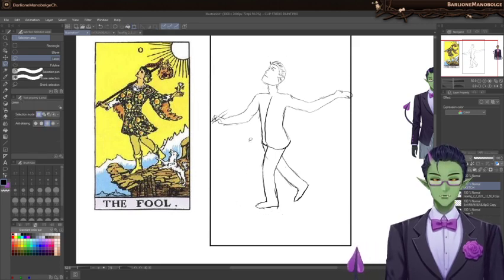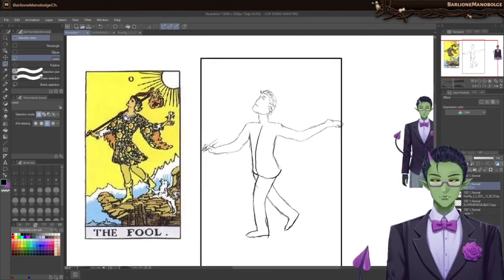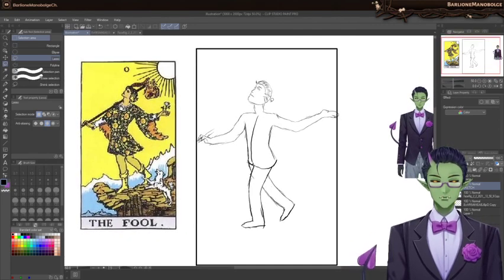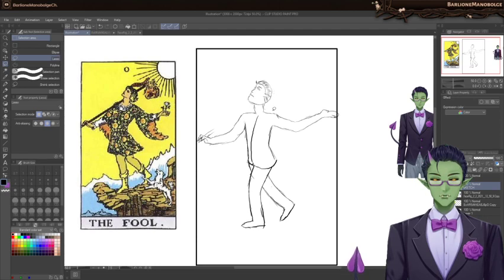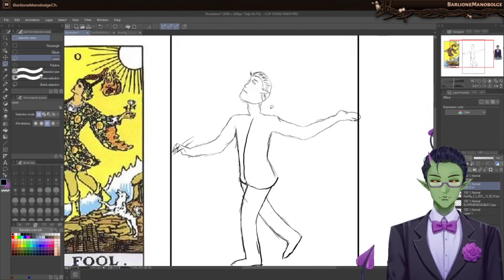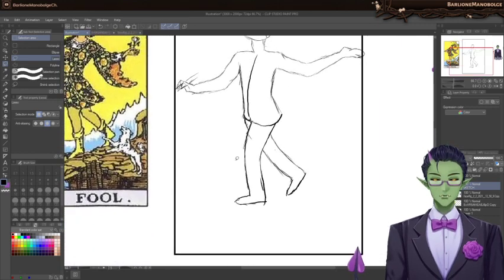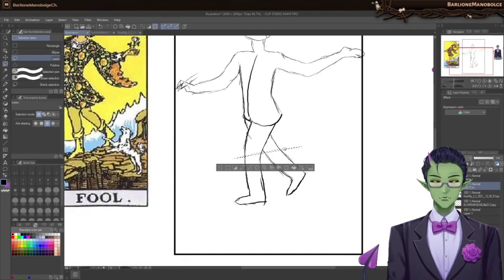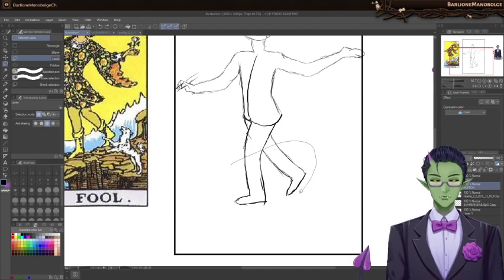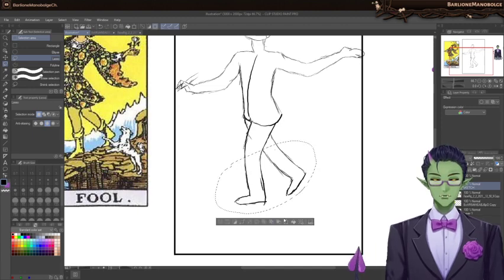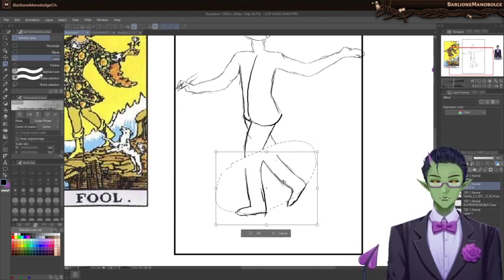Trim off an inch of it. But that looks around right. Cut myself off at the knees and just drag them down a little bit.